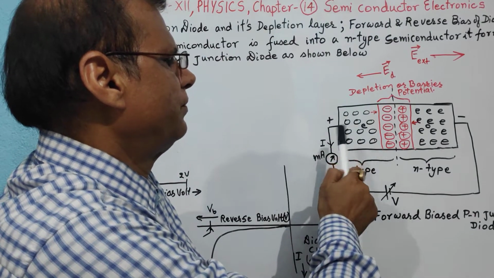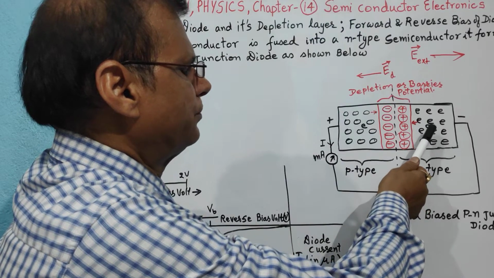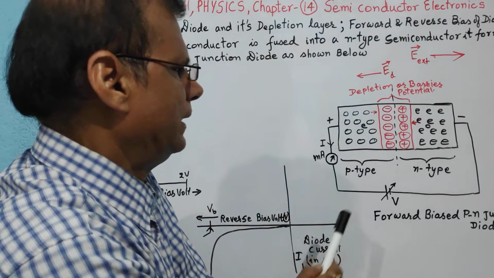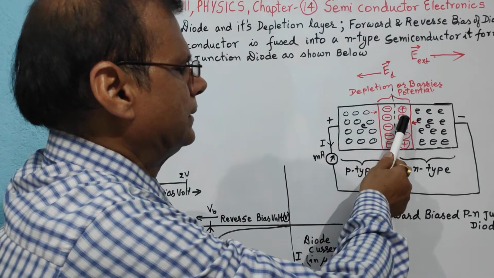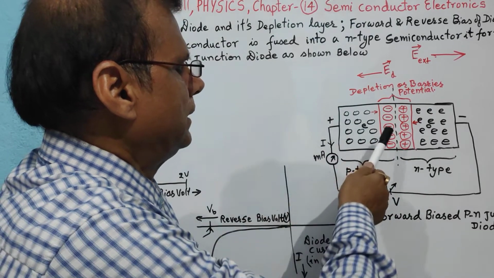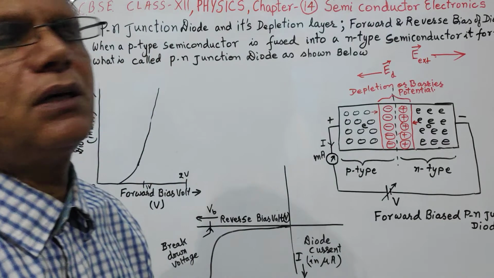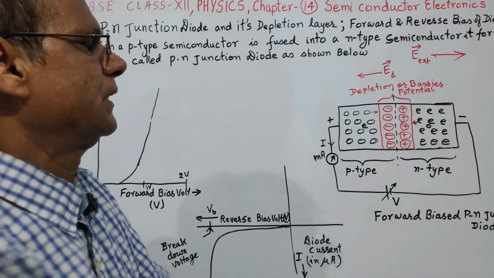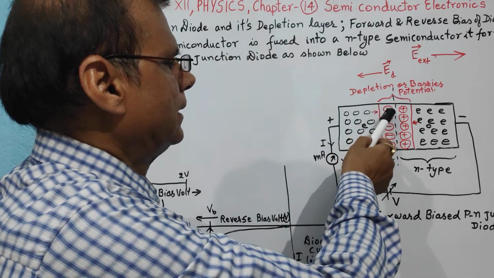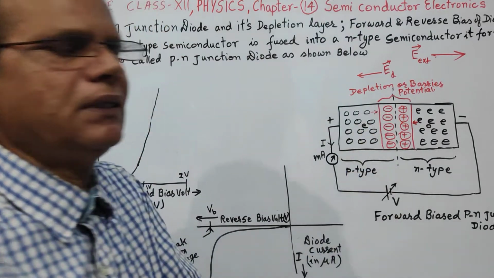So due to difference in the density, electrons diffuse from n-type into the p-type, and as this happens at the junction, when an electron moves into the p-type semiconductor, immediately it is leaving behind an atom which is positively charged, because one electron left the atom, and when these electrons reach the p-type semiconductor, they combine with the holes, and there they form a layer of negatively charged particles.